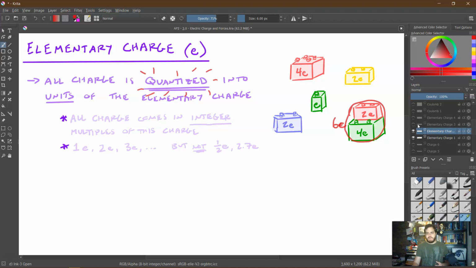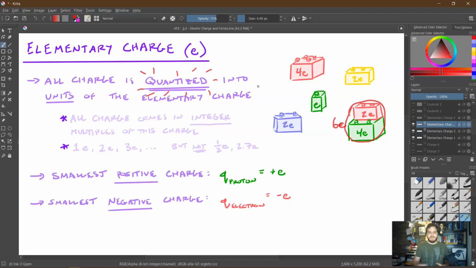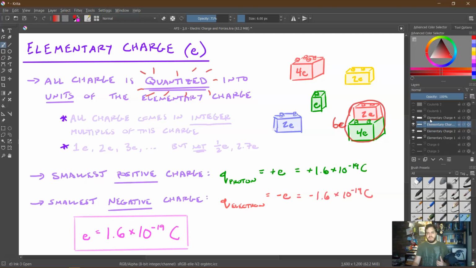Now, the smallest isolated positive charge is the charge of a proton, which is plus e, and the smallest negative charge is the charge of an electron, which is minus e. e is just the number, plus and minus is the sign. And 1e is specifically 1.6 times 10 to the negative 19 coulombs.